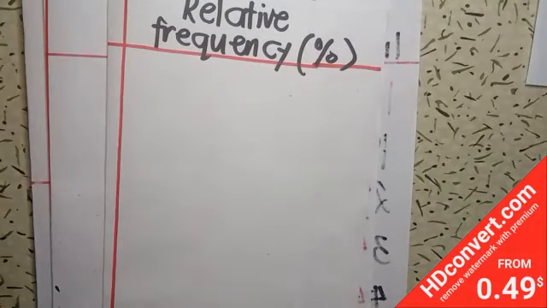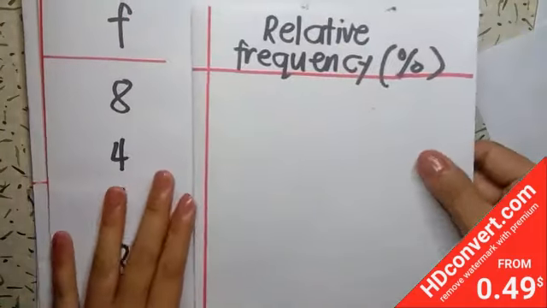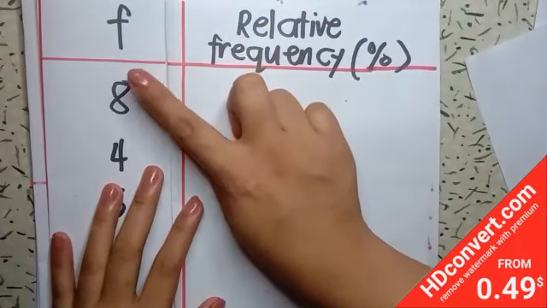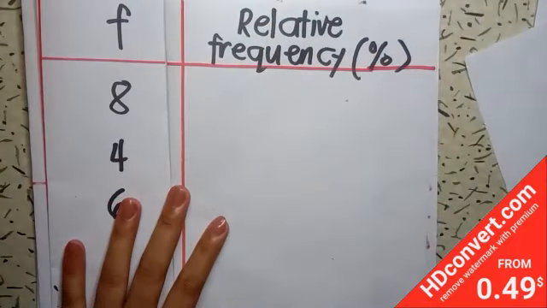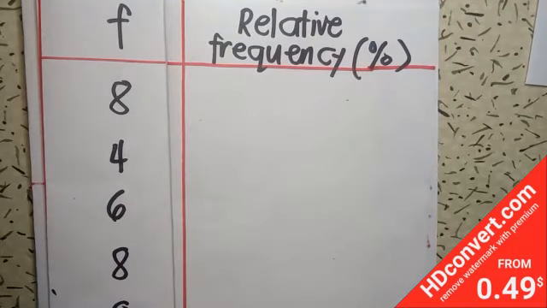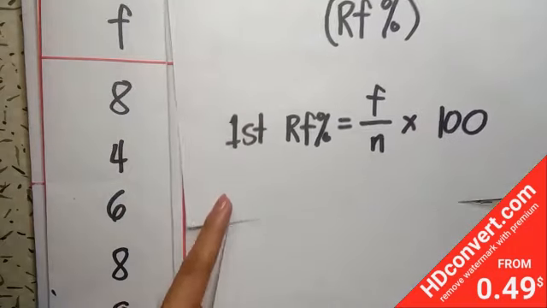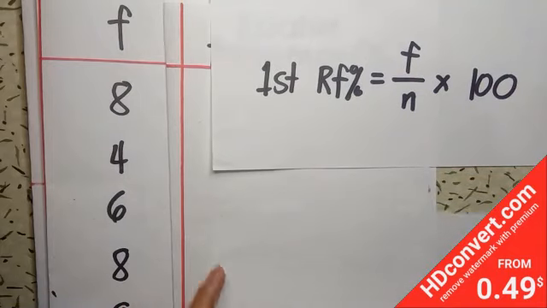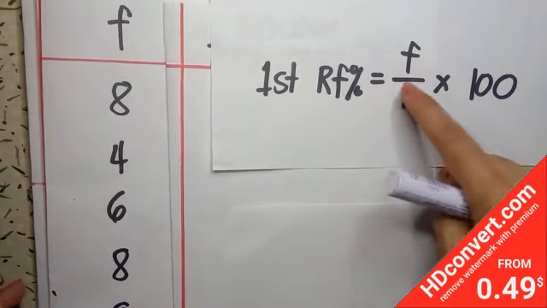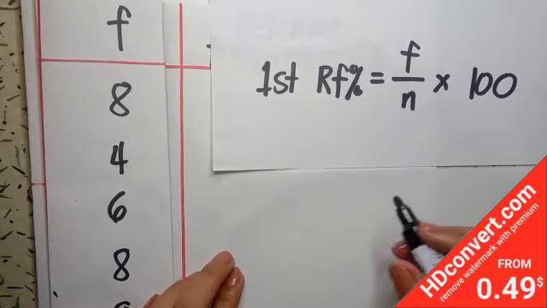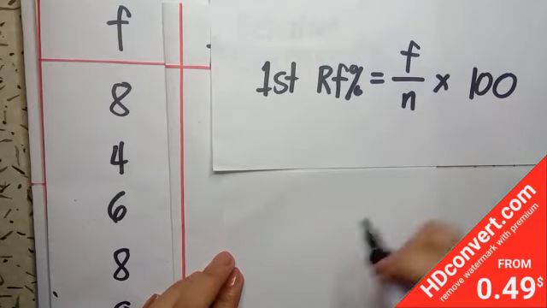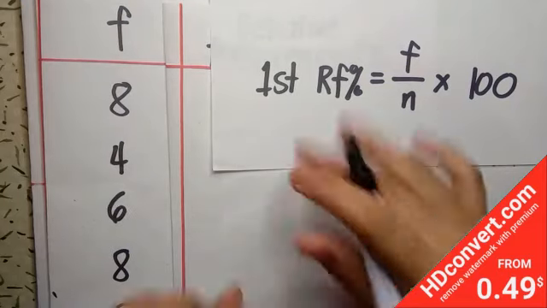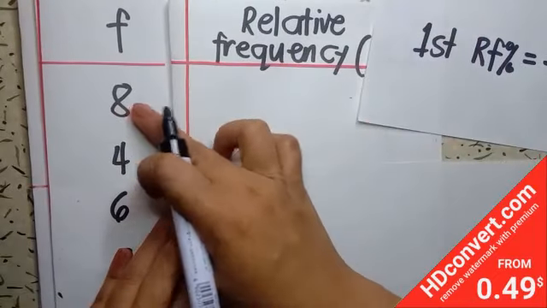So, this is our relative frequency, and this is our frequency from earlier. As I said earlier, to get the relative frequency, RF percent is equal to F over N times 100. The first frequency is 8.